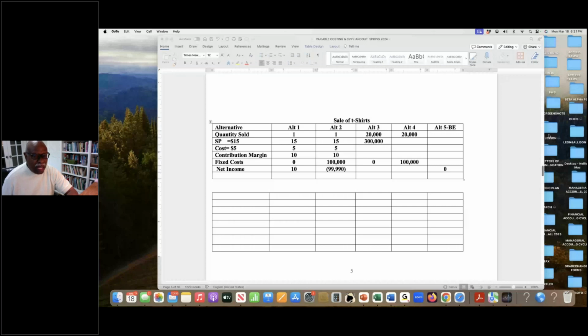It's a variable cost, so we multiply 5 times the 20,000 and we get a cost of 100,000. Therefore, our contribution margin is 200,000. Our fixed cost in this case was zero, and so we would make $200,000.